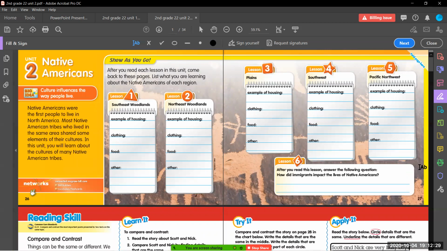Now that we've finished with that part, what we need to do is go back to our first page now that we've completed lesson 1, and we're going to fill out this area on the Southeast Woodlands. So their housing, the names of their homes, remember, were called chickees. Their clothing was breechcloths and leather dresses.